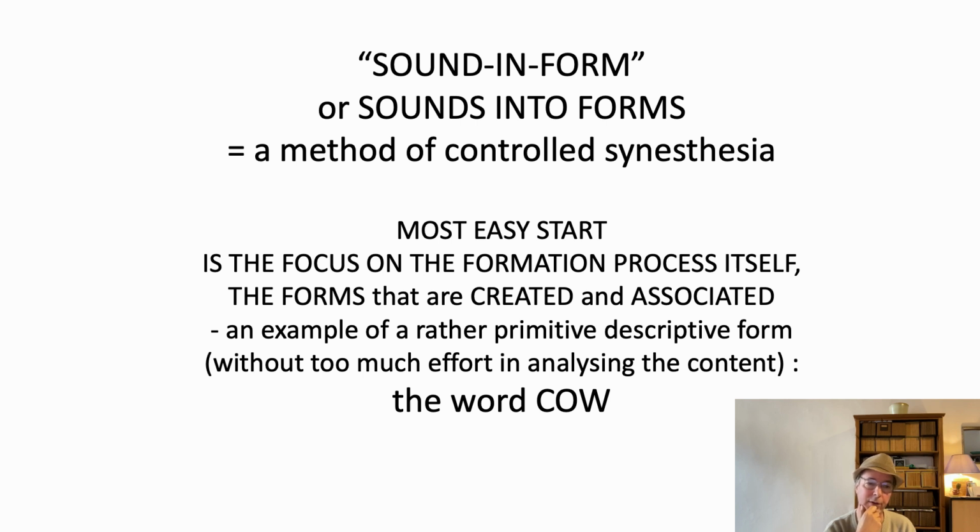So the forms that are created first by your imagination, so how you associate the letters correctly and combine them well. Just the forms themselves are already a focus, which is most important in this method, even more important than the underlying meaning.